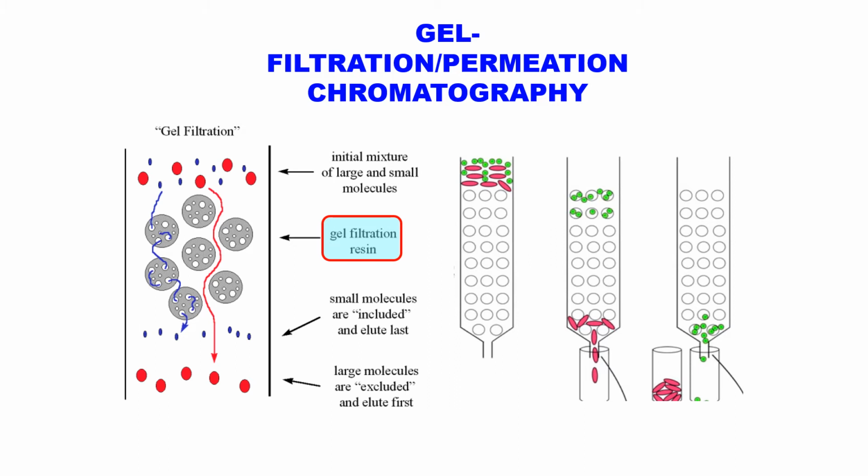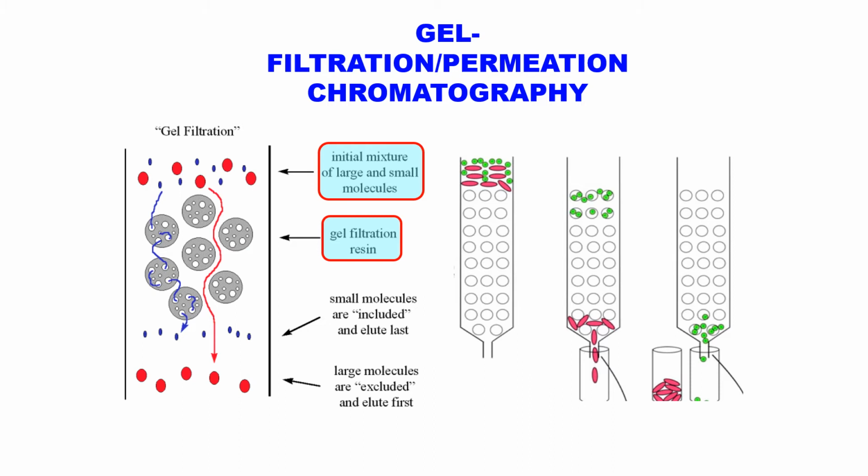These beads are solidly packed in the columns. So what happens is, you can see the beads have various sizes, and once the sample is loaded onto the column, at the top of the column, the molecules of different sizes are represented by the red ones and the blue ones.